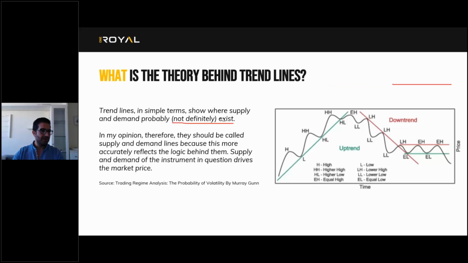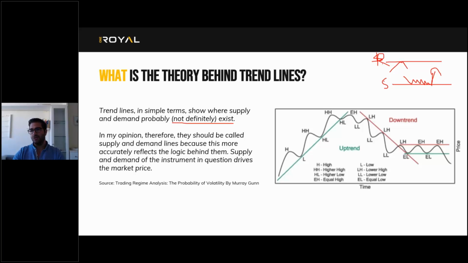So every time the market reaches, as you remember, a resistance, it will be rejected most probably to the downside. So we call this a supply. And every time the market reaches a bottom or a support, sorry, this is a resistance here, this is supply, it will be rejected to the upside.